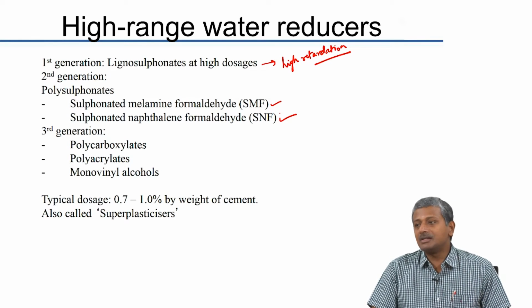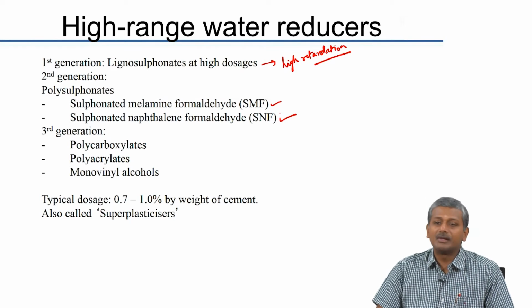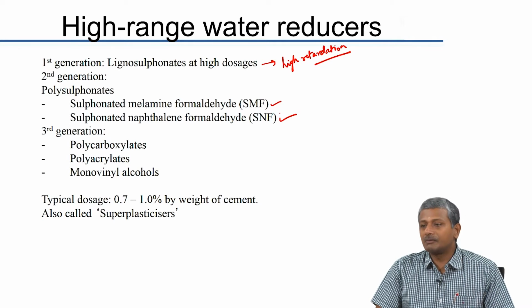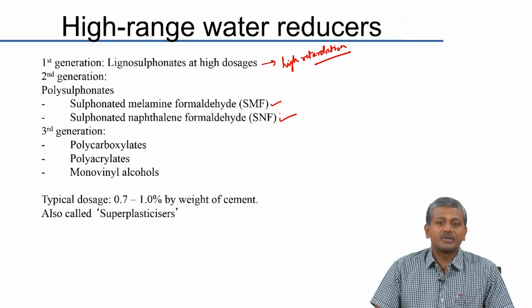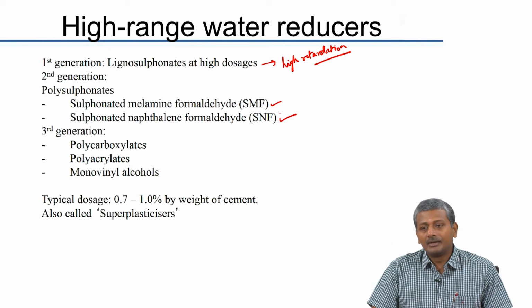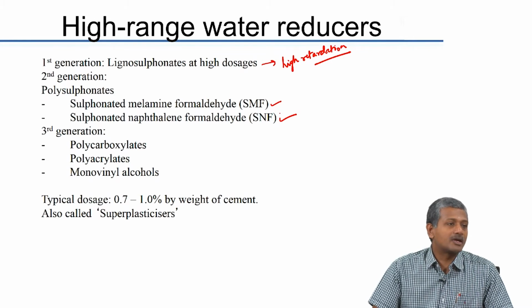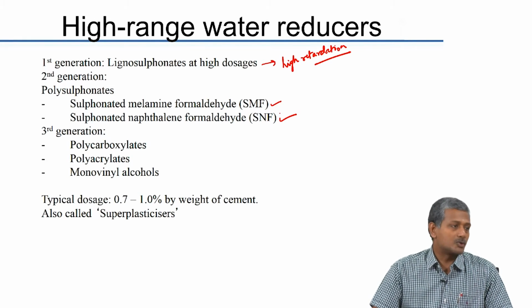So, in the early 70s people were trying to come up with very high strength concretes. In those days very high strength meant over 40 megapascals. Okay, people were routinely working with 20, 30, and for them 40 was a difficult target to achieve because they had to reduce water significantly and could not increase cement to a large extent because that was producing all kinds of negative impacts like cracking, thermal issues and so on.